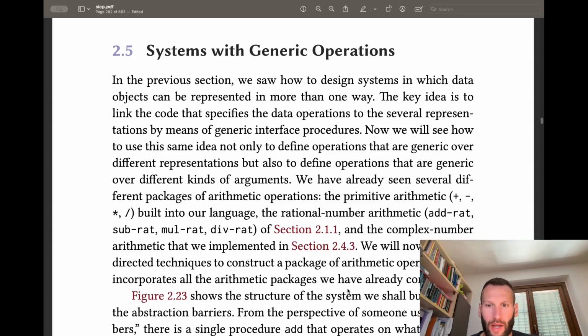We have already seen several different packages of arithmetic operations: the primitive arithmetic built into our language, the rational number arithmetic of section 2.1.1, and the complex number arithmetic that we implemented in section 2.4.3.